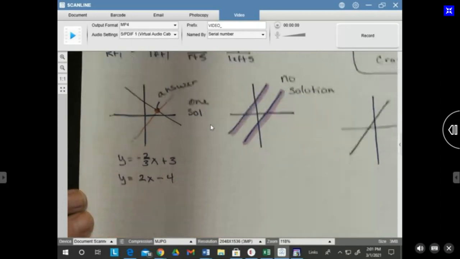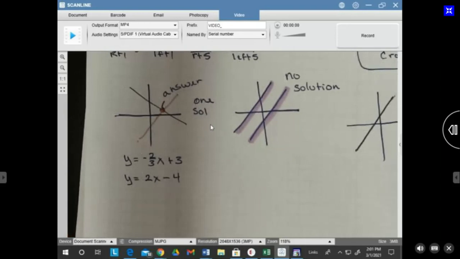I can look at that and say that's only going to have one solution, because my slopes are different. Look at those slopes.